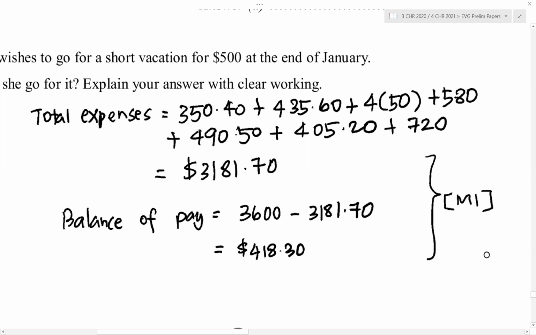So you subtract all the expenses, minus. Oh, she only got $418. So cannot go holiday already. Yeah, anyway now got COVID, don't go overseas.